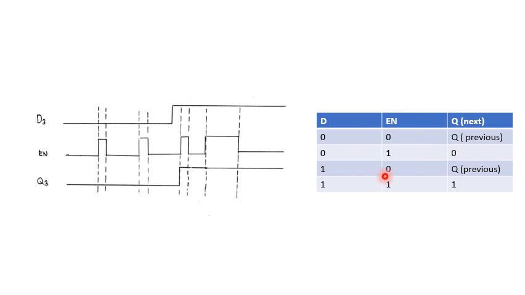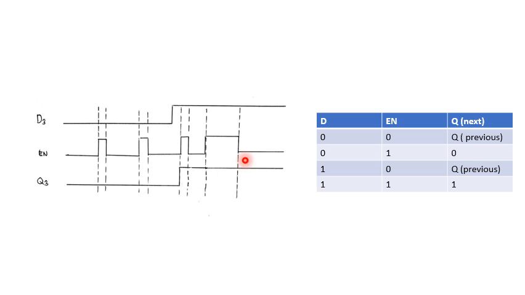So based on the truth table, if the En is equal to 0 and the D is equal to 1, the answer will continue from the previous one. So the answer will continue until the end because here the En is equal to 1 and the D is also equal to 1. So the answer will be 1.